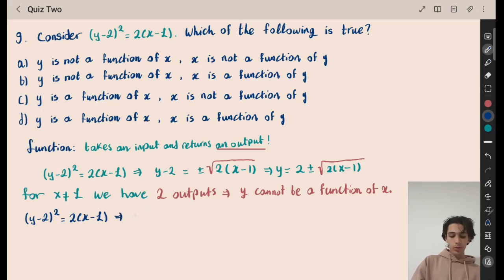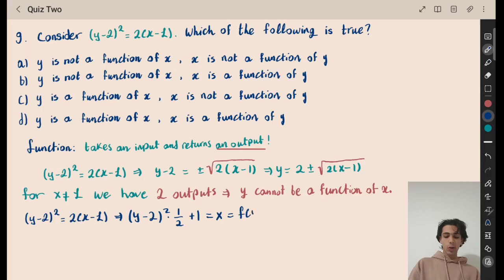You can also try to pause the video and do it. So 1 minus 2 squared times half plus 1 is actually equal to x. Right, so we have solved for x. This is a function of y because I input y and output x.